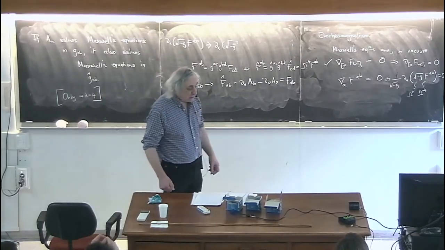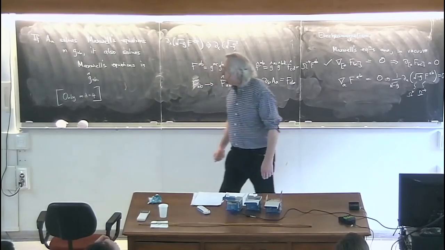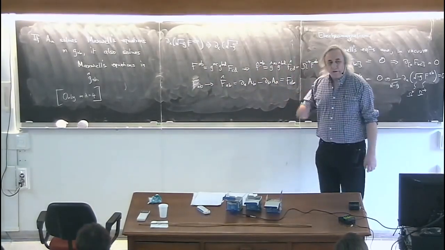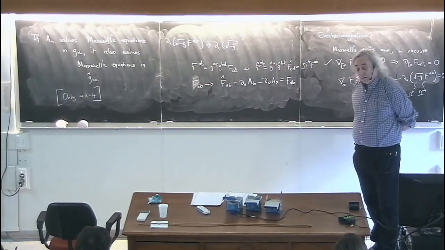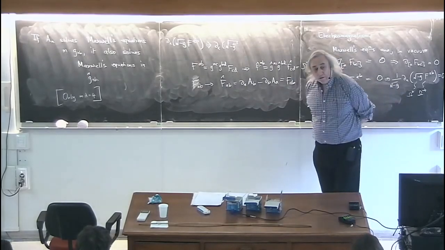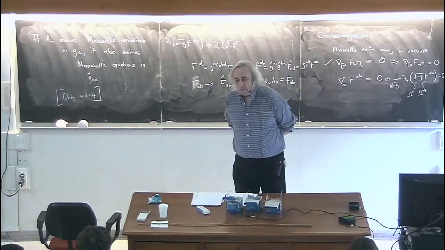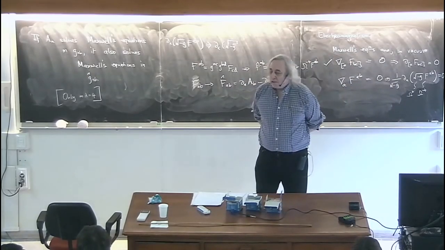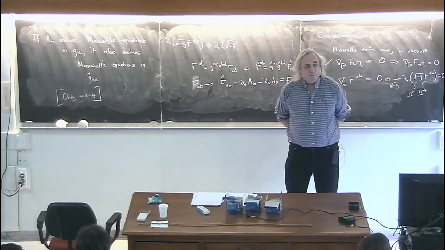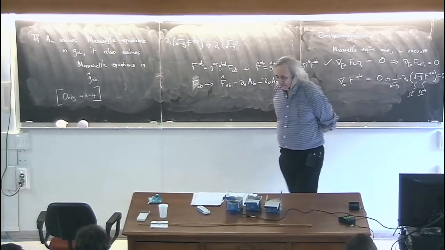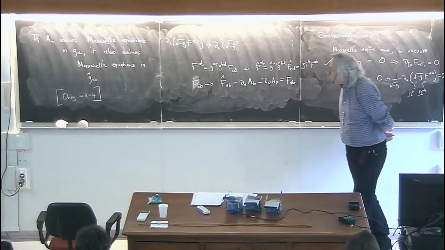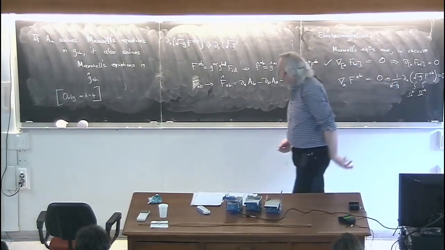Similar considerations apply to any form field, so that scalars are typically invariant in dimension 2. Two-form theories that give rise to three-form field strengths work in dimension 6, and so it goes on. But I'll leave that up to you.